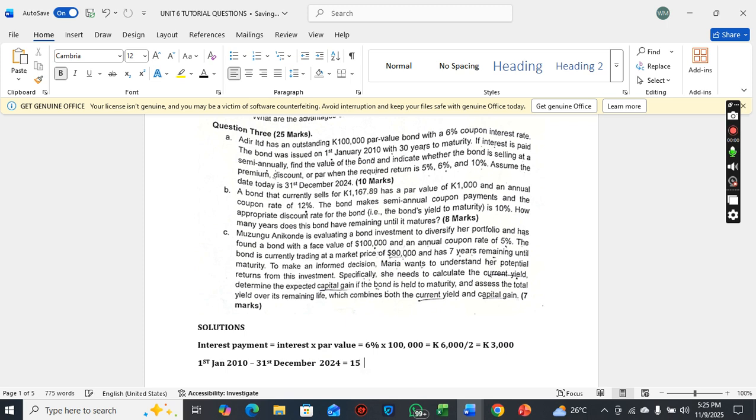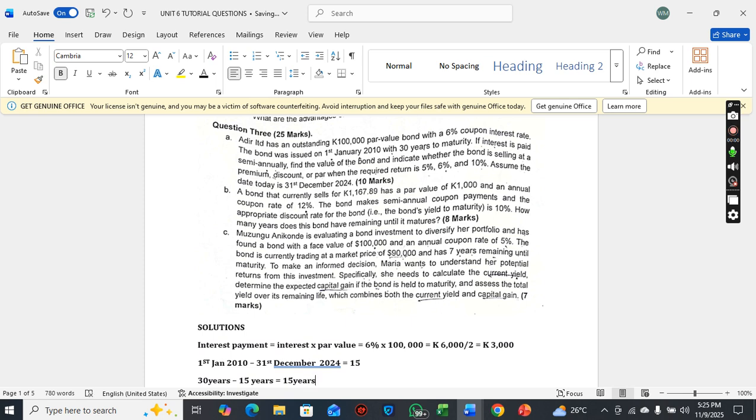Since this bond is for 30 years, you say 30 minus 15, the remaining time period is 15 years.